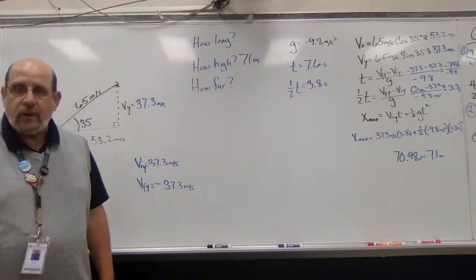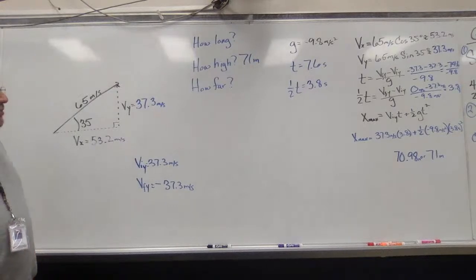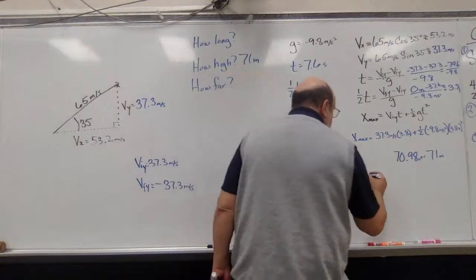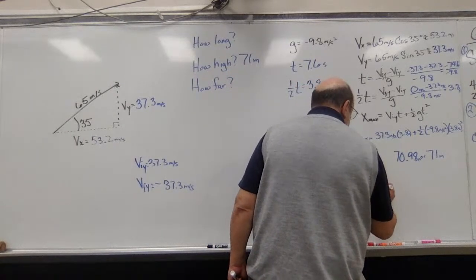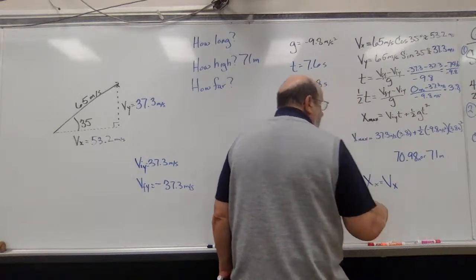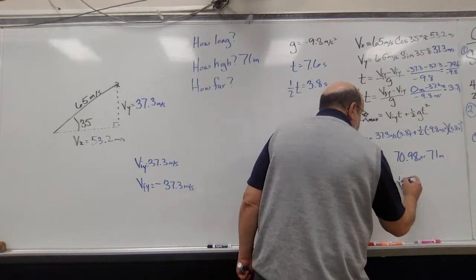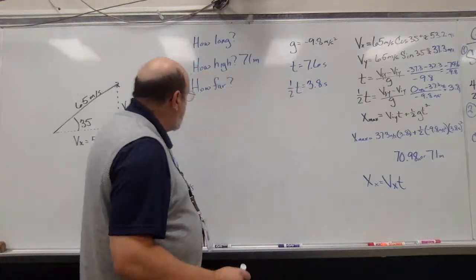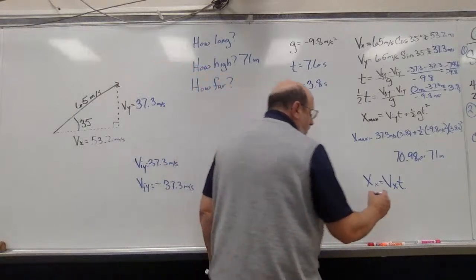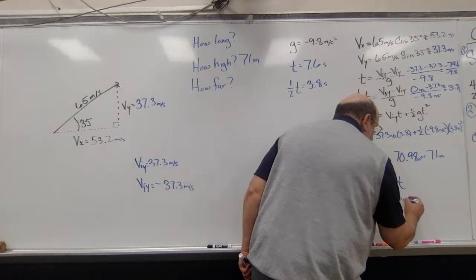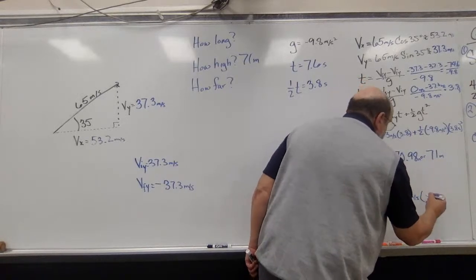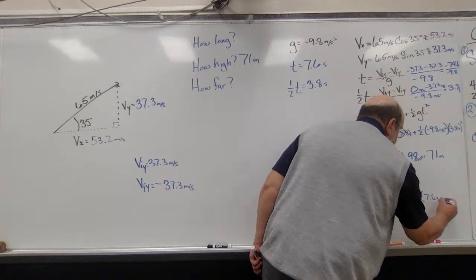Pretty high, right? And last but certainly not least, we want to know how far. Well, that's an easy one. X in the x direction is equal to the velocity in the x direction times the total amount of time, and that would be 53 2/10 meters a second times the total amount of time, which is 7 6/10 seconds.